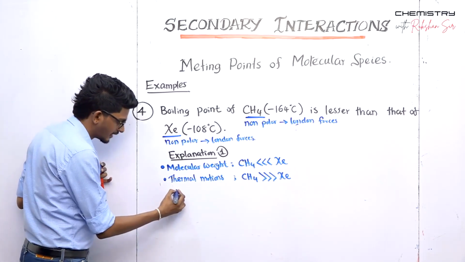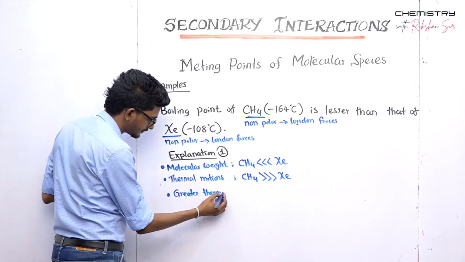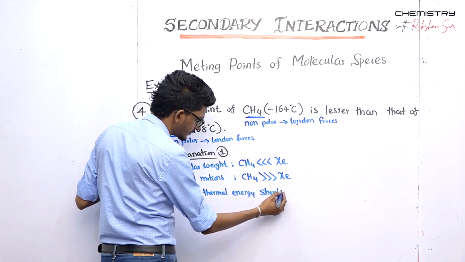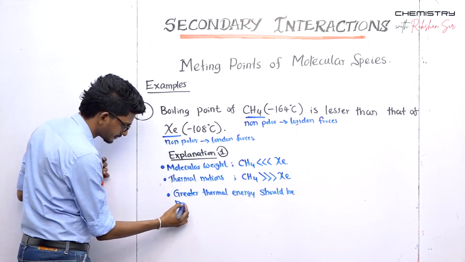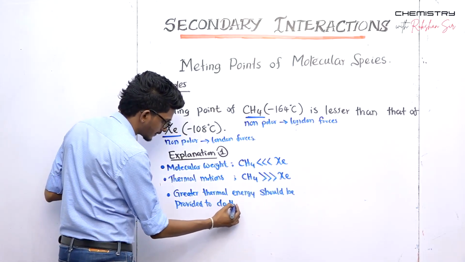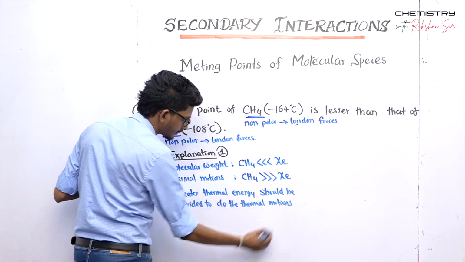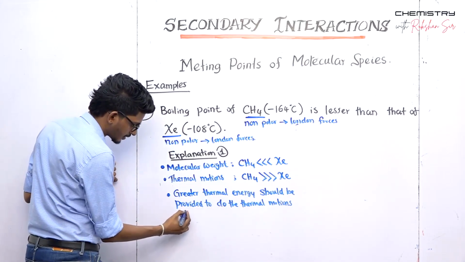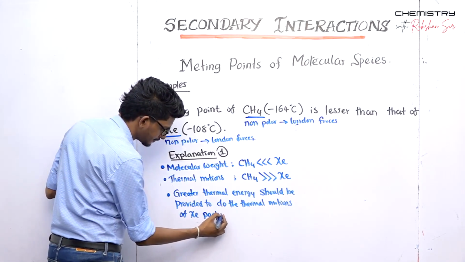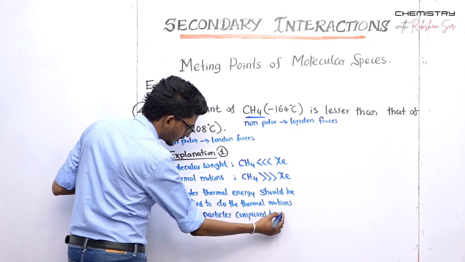So greater heat, or greater thermal energy, should be provided to the thermal motions of xenon, the motions of xenon particles, compared to CH4.